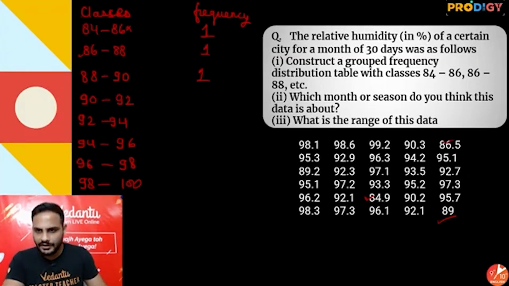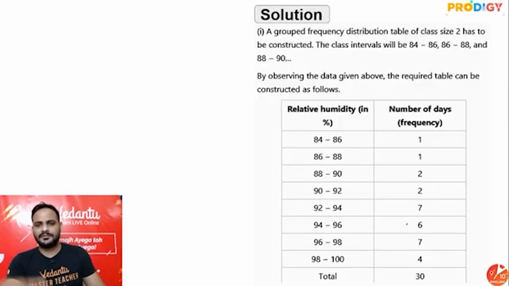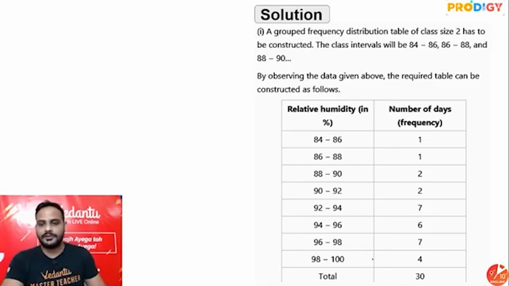So in 88 to 90 there are 2. Okay. So this way, just go through all the tables, है ना, and fill this part. So 90 to 92 there will be 2 values, 92 to 94 7, 94 to 96 6 values are there, 96 to 98 7 values, and 98 to 100 4 values.